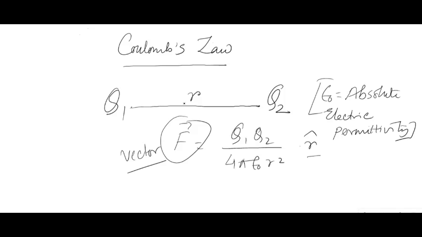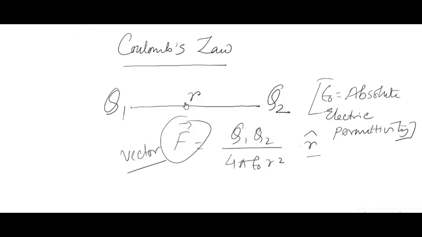We'll discuss later when we see the relation between electric flux density D and electric field intensity E. Then we'll see the definition of permittivity. But here, next we will go to another expression, that is called electric field intensity.